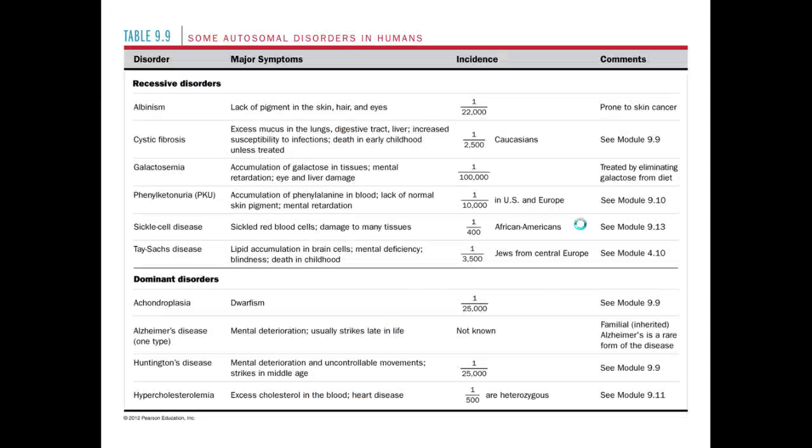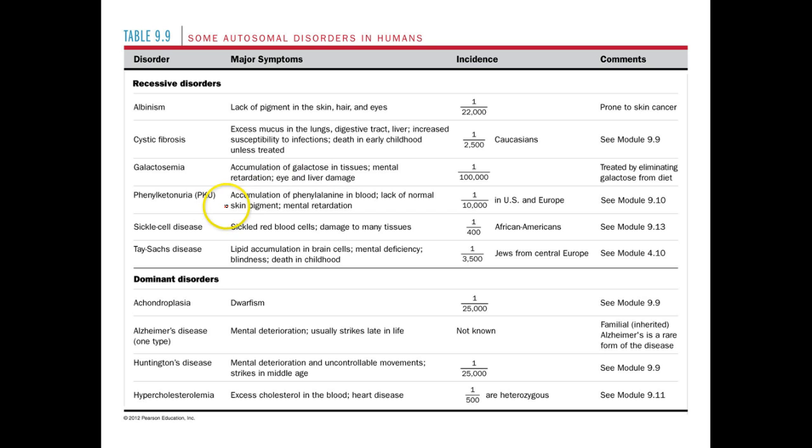Other autosomal disorders in humans: we have disorders that are recessive. For example, albinism, where they lack pigment in the skin. Cystic fibrosis, where you're not able to break down mucus. That affects your lungs and the digestive tract. Galactosemia, again, you cannot break down galactose, so galactose accumulates.